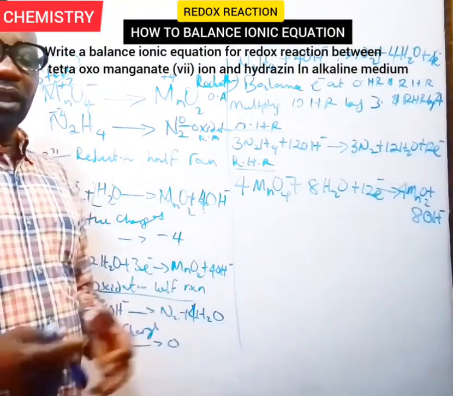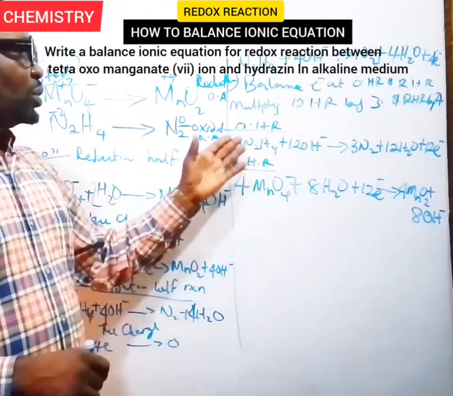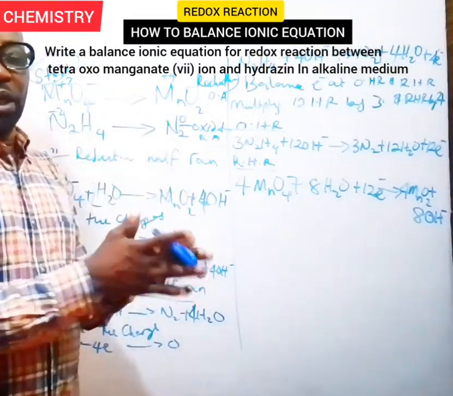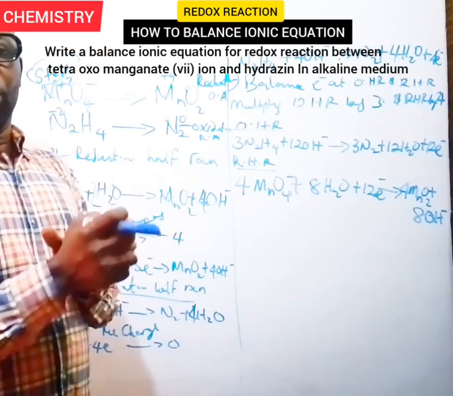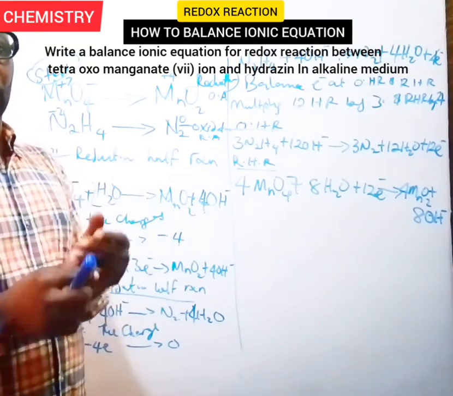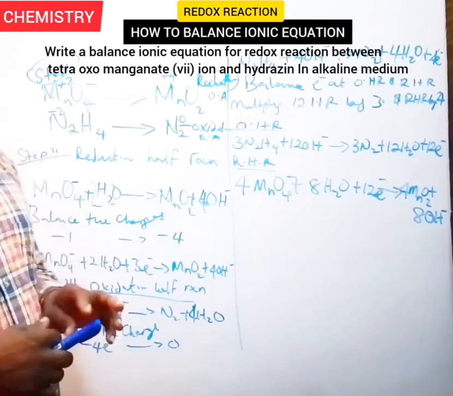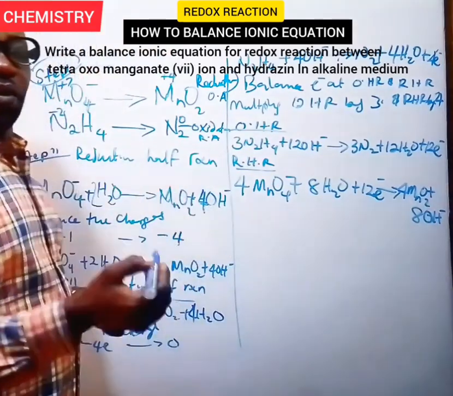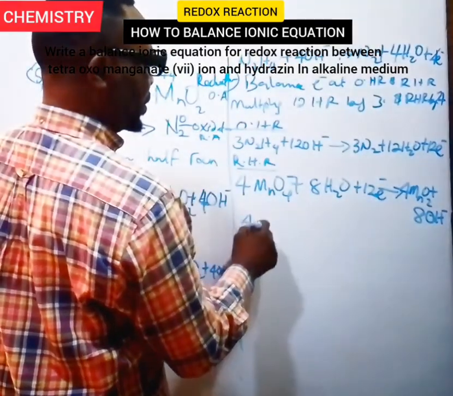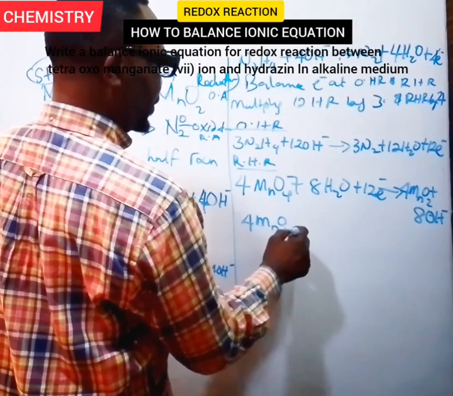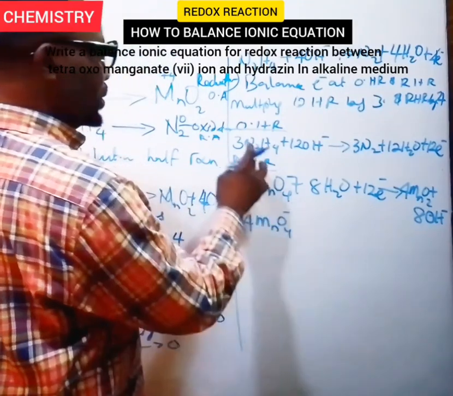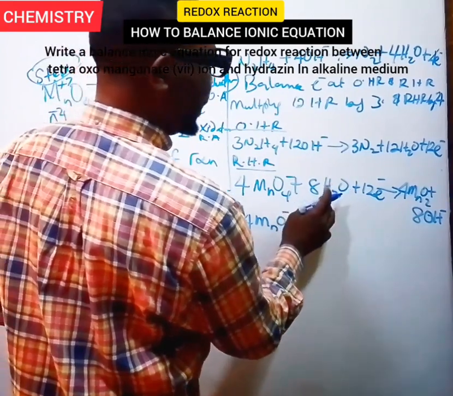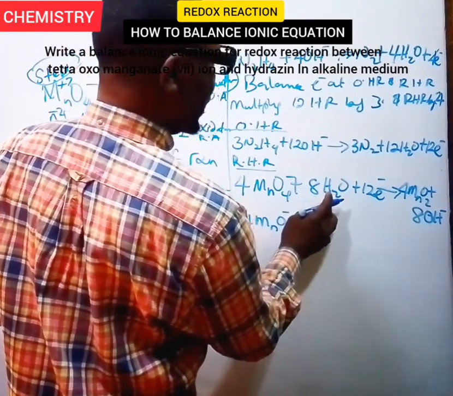Now, the next thing you do is to bring together the reactants of the oxidation and reduction, and the products as well. So let's see what is going to happen. This is going to be 4MnO4 minus plus 8H2O. Do we have any other water there?